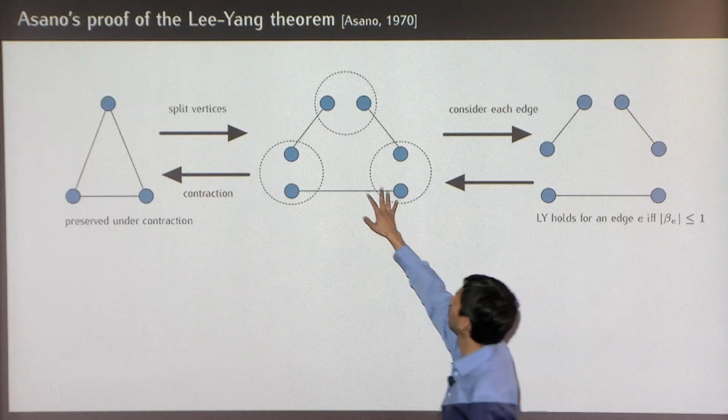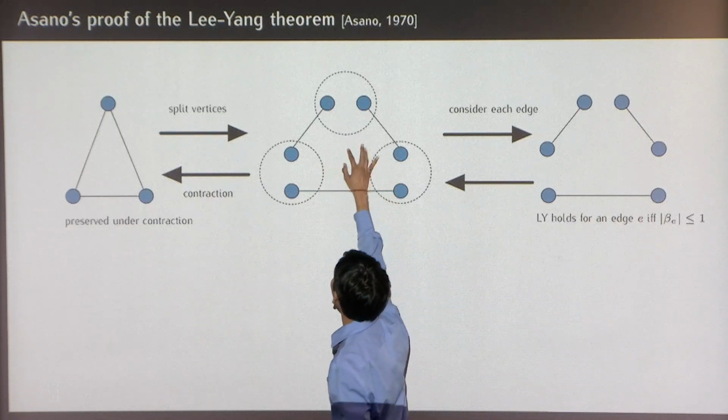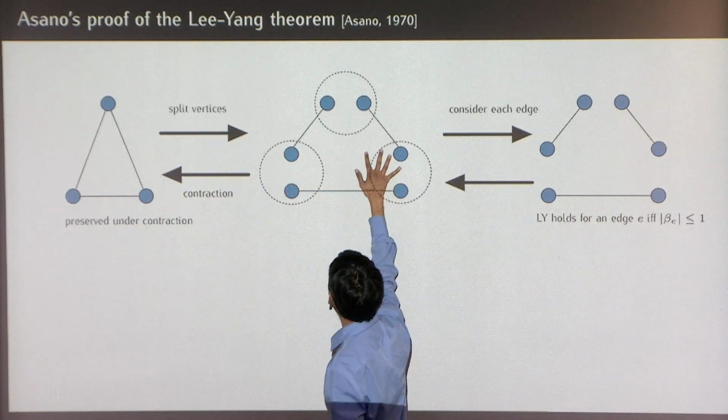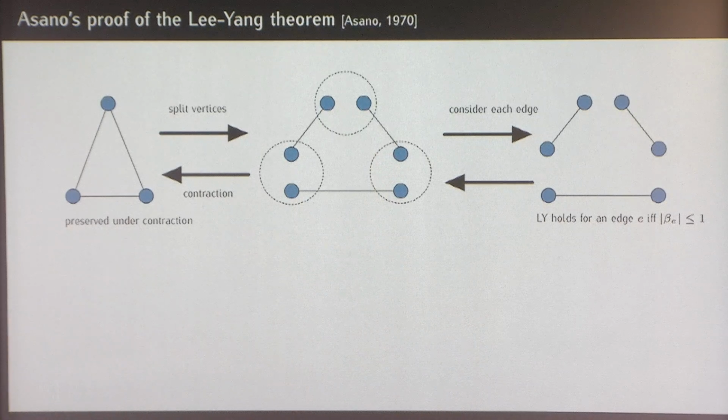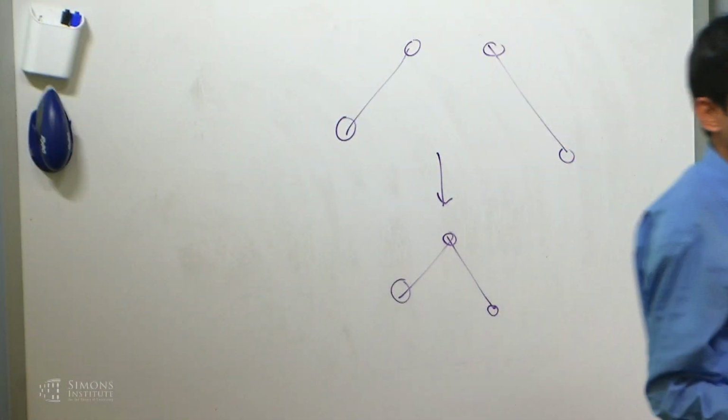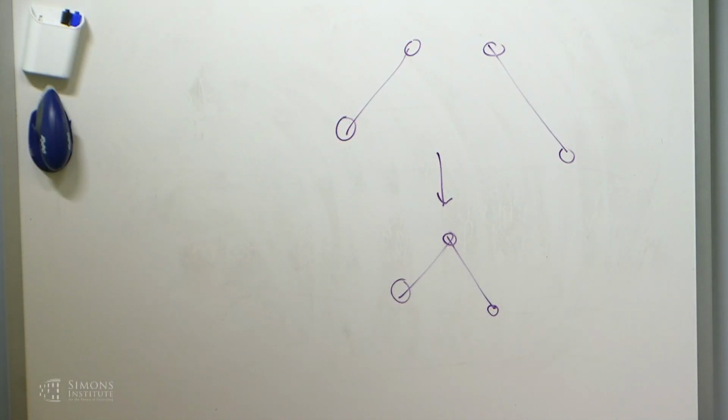So it starts, for example, with these two edges, and then it shows that if the theorem holds for these two edges, it also holds for the V graph that you get by just collapsing those two. So you had the theorem holding individually for these two, and it will show that it will work also for the collapsed graph. And then one shows that with these operations, starting with edges, attaching new edges to the graph and collapsing vertices in the same graph, one can prove the theorem for any graph.